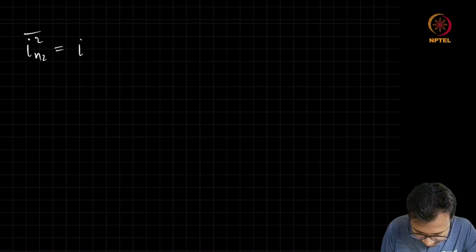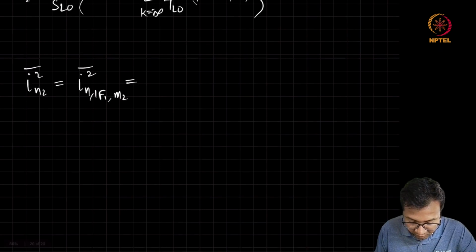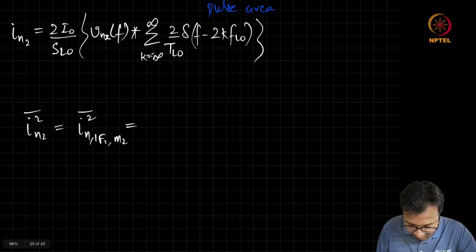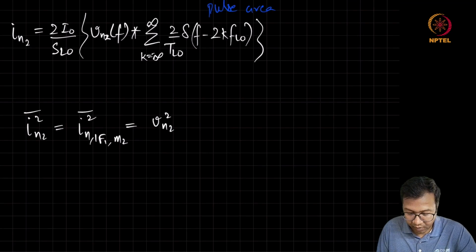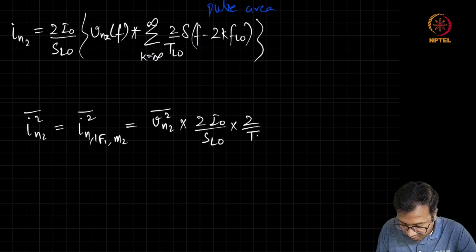So the noise PSD in the IF1 due to M2 is going to be equal to the noise PSD of M2 scaled by 2I0 by SLO into 2 by TLO, square.